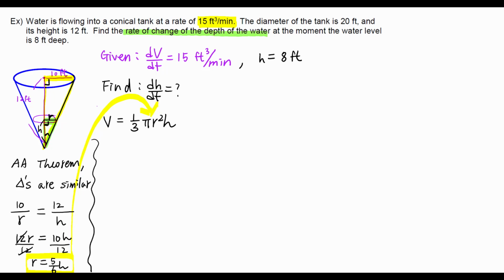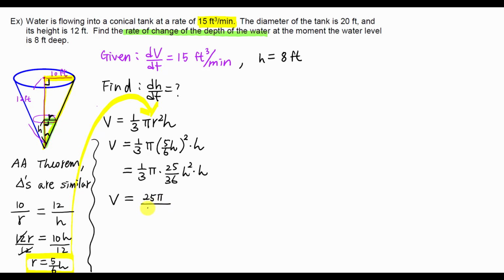So then V is equal to 1/3 pi, r is 5/6 h, squared, times h, which is equal to 1/3 pi 25/36 h squared times h. So finally, your V is equal to 25 pi over 108 h to the third power.